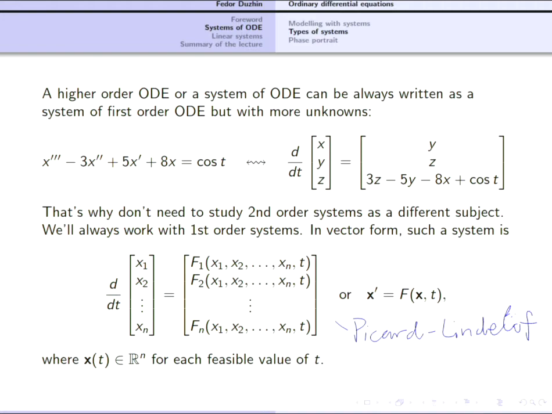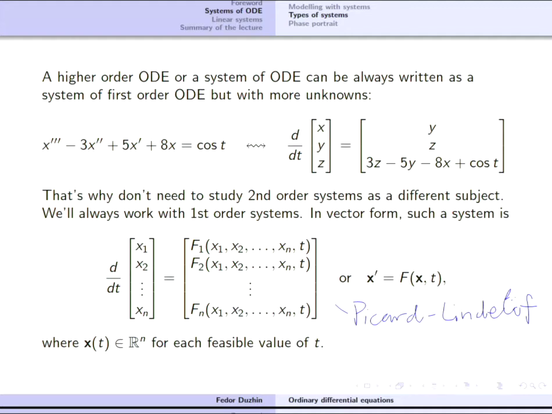We constructed a proof of the Picard-Lindelöf theorem for individual differential equations, but if you go through the proof, you will see that it doesn't really use the fact that the unknown is a scalar.